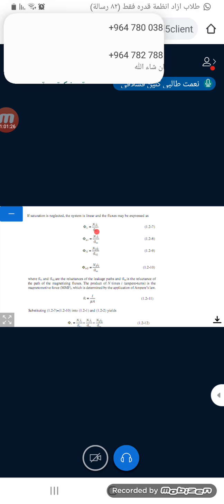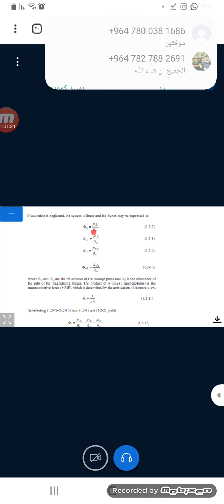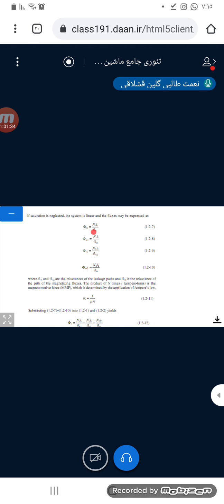This form, reluctance L1, means the magnetic path resistivity to the flow of magnetic flux, or the resistance of the path that the leakage flux passes or flows through.